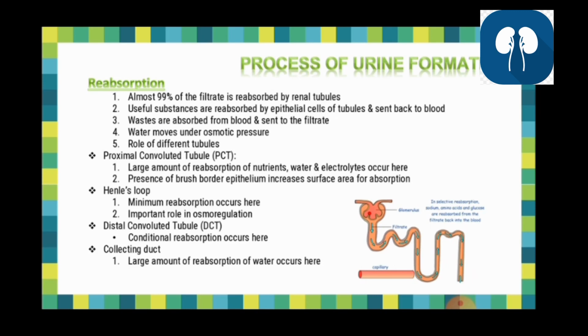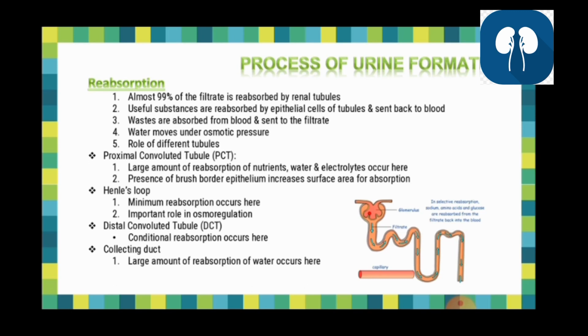Now let us see the role of different tubules. First, let us talk about the proximal convoluted tubule. A large amount of reabsorption of nutrients, water and electrolytes occurs here. The presence of brush border epithelium increases the surface area for absorption. Now Henle's loop.